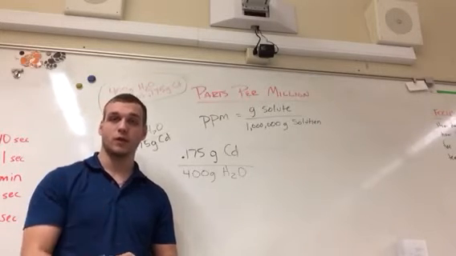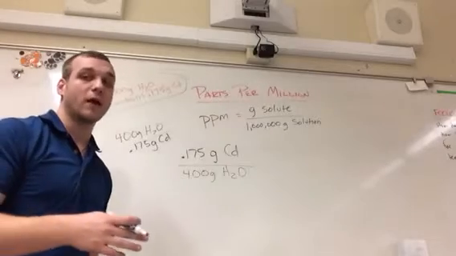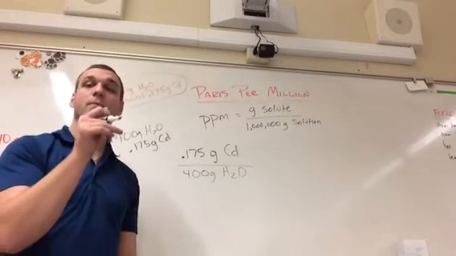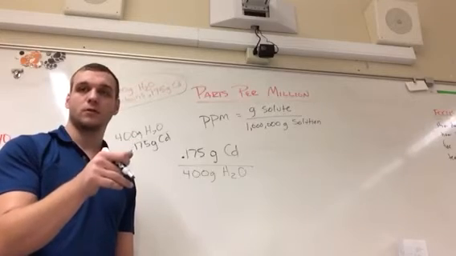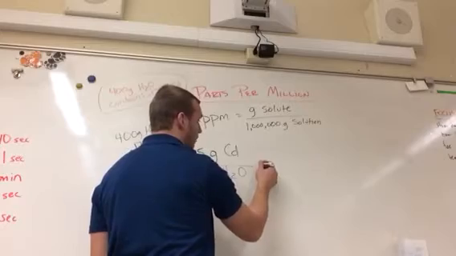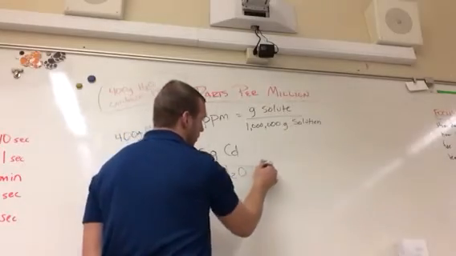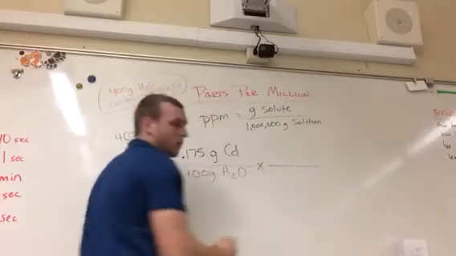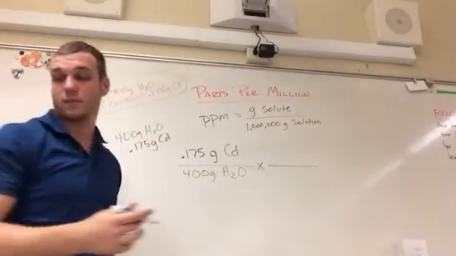Here's the part that's tricky, is you need to multiply that. These are similar units. You need to multiply by 1,000,000 parts per solution. So let's kind of make sense of this. Multiply, and I'm just going to make a new line, just to make sense of it.